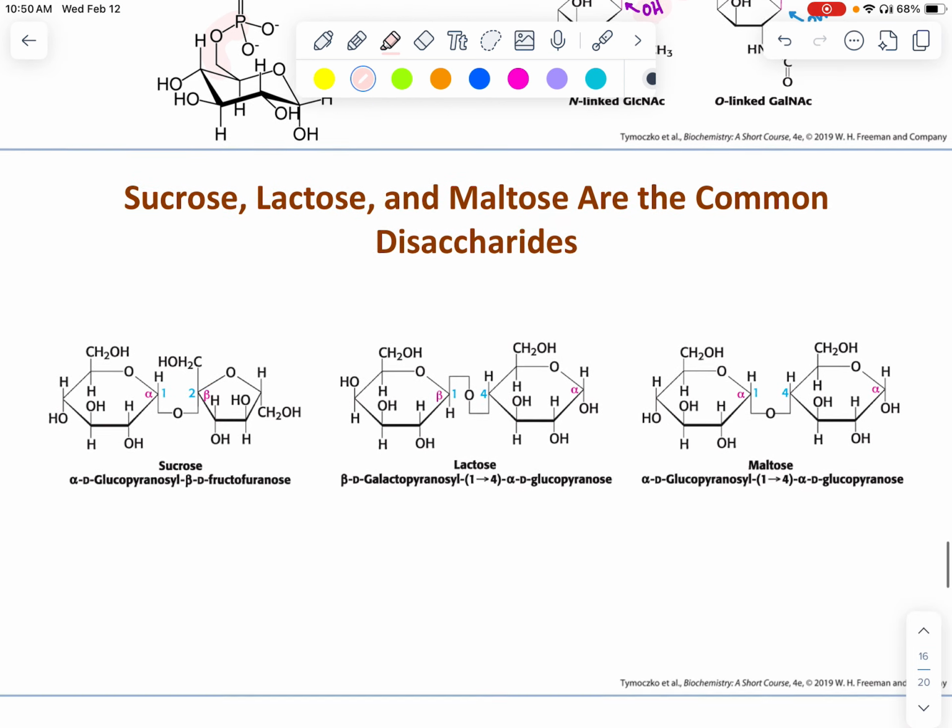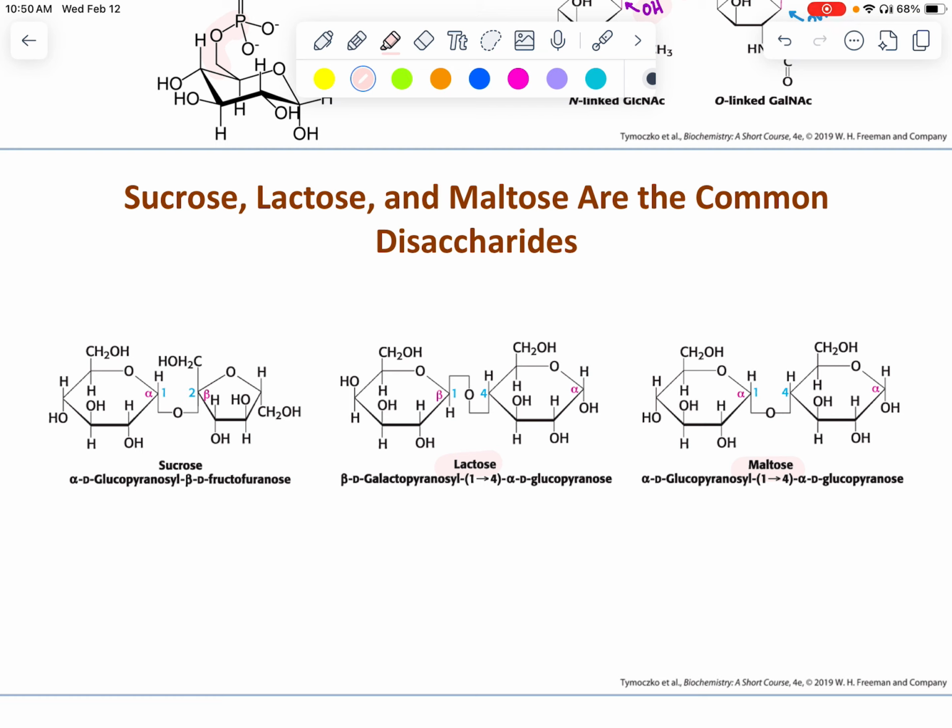All right, y'all, let's look at a couple of common disaccharides, sucrose, which we're going to come back to in a minute. But let's start with lactose and maltose. Lactose is galactose and glucose. You don't need to know that, but just so you've heard it, maltose is two glucose molecules.